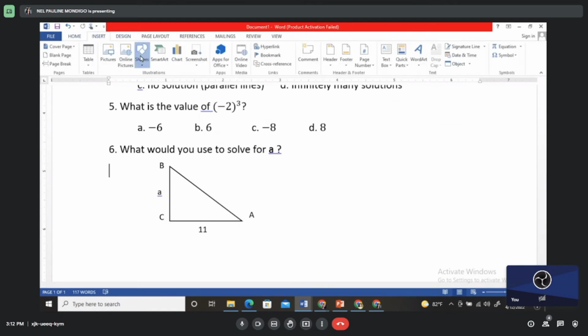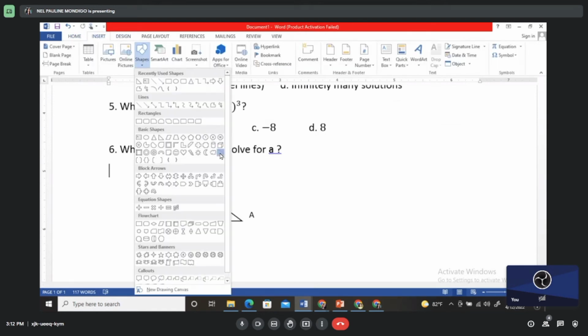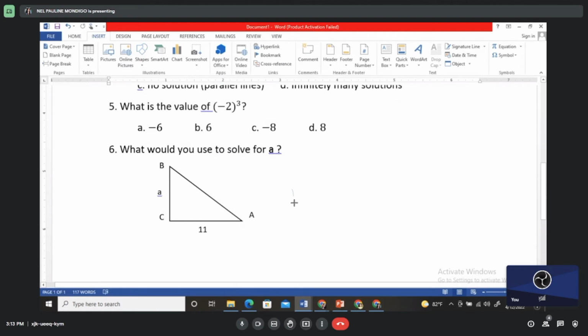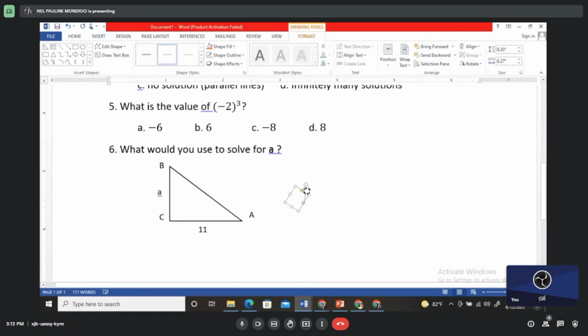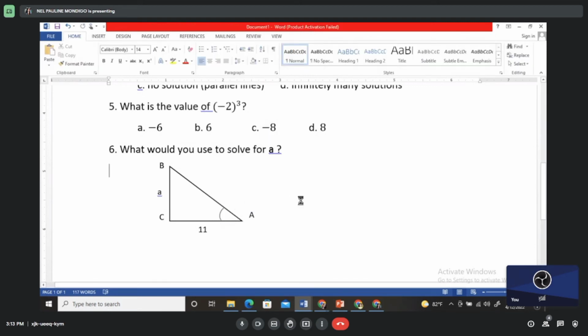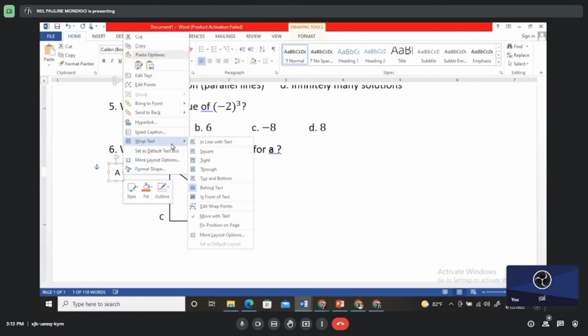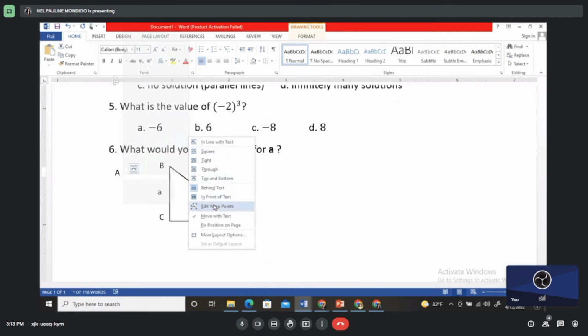So let's go to insert, shapes. Then like an angle right. Then rotate this. Let's change its color. And wrap text because we're inserting it inside our triangle.